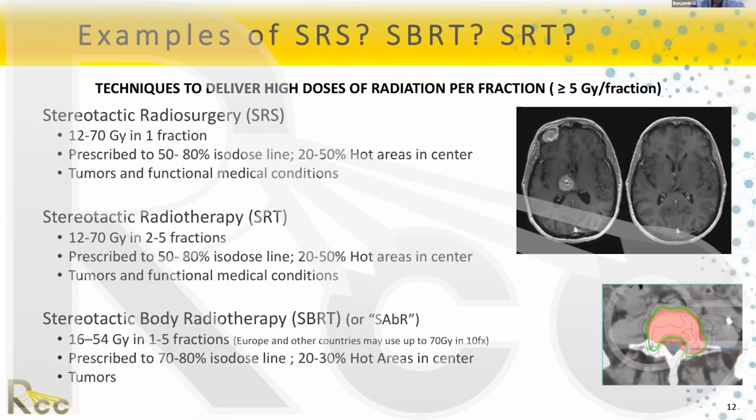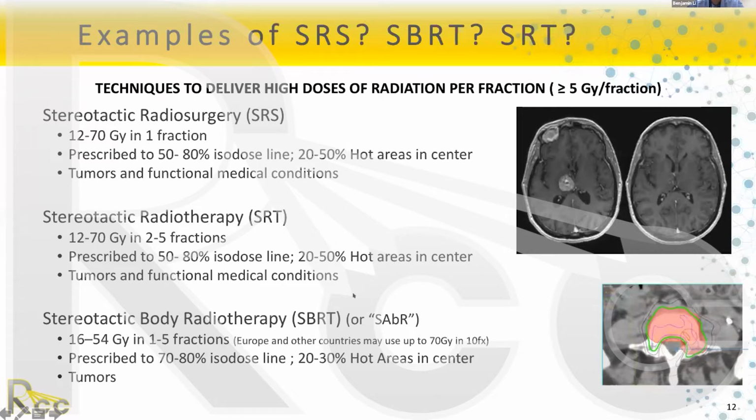What do some of these treatments look like? Here's an example of a metastatic disease that was treated with a stereotactic treatment. This was before, and this is after. And so this gives a treatment at a very high dose, sometimes between 12 and 70 gray in 1 fraction, prescribed in a different way to a very focal area.